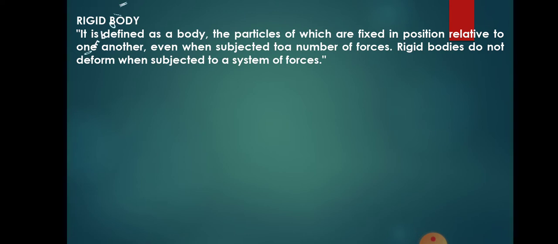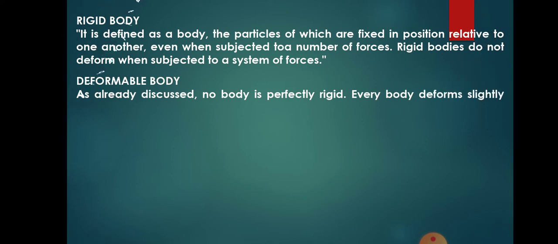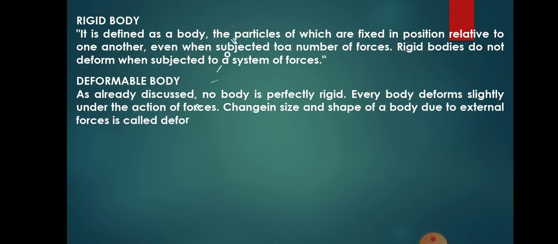Next we will look at the deformable body. When the body is subjected to a number of forces, its shape changes. It gets deformed from the actual size. That is nothing but the deformable body. As already discussed, no body is perfectly rigid.